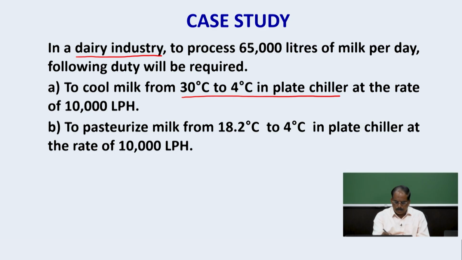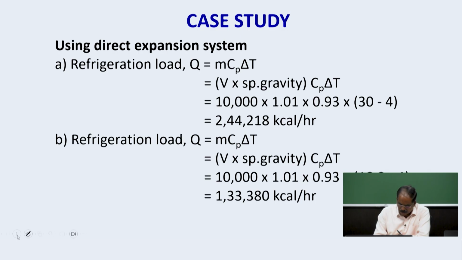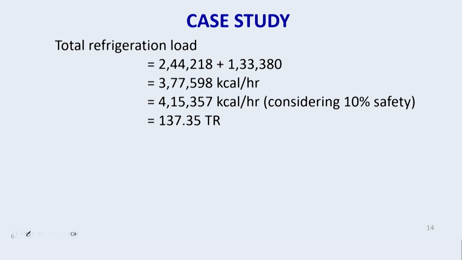Next is to pasteurize milk from 18.2 to 4 degrees centigrade in a plate chiller at the rate of 10,000 liters per hour. So this is the problem definition. We are going to see, using a direct expansion system, how much is the total refrigeration load.